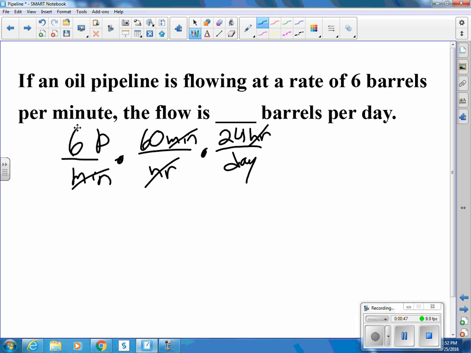Hours cancel. The only units I have left are barrels per day, and that's what they were asking for. So 6 times 60 times 24 equals 8,640.